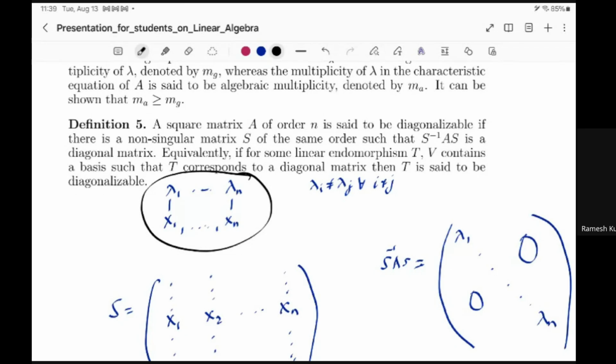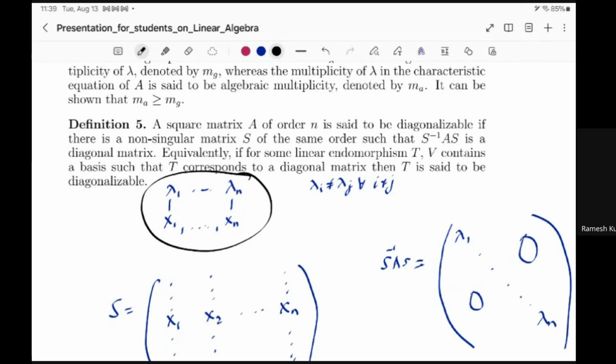But this is a specific case. I've here assumed that lambda i's are different from lambda j's as long as the indexes are not the same. But since the algebraic multiplicity is the same as the geometric multiplicity, you can take some of the lambda i's to be the same. So you write them like, say, lambda 1, lambda 2, and lambda 3 are the same. Then lambda 4 is different from the others. And then lambda 5 and lambda 6 are the same.